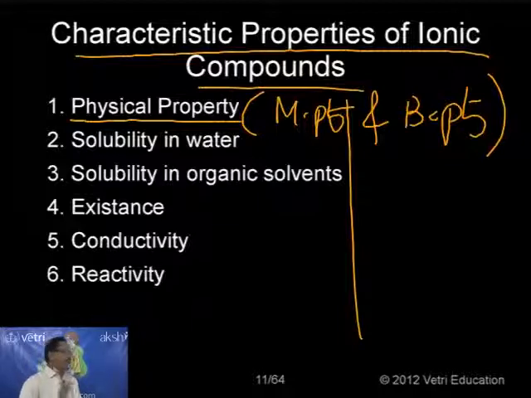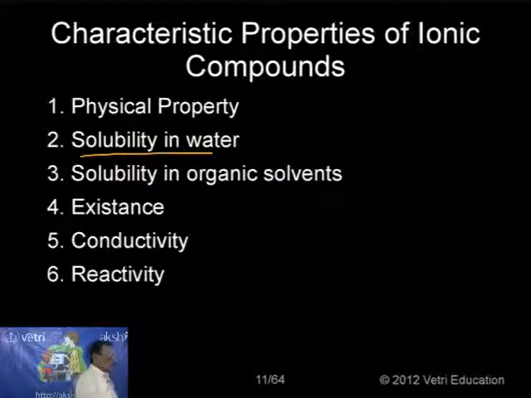They will have very high melting and very high boiling points because a strong electrostatic force operates between the 2 ions. To separate these ions, very, very high energy is required. That's why they have high melting and boiling points. We need more energy to separate them. So generally, the melting and boiling points will be higher for ionic compounds. That is the first property.